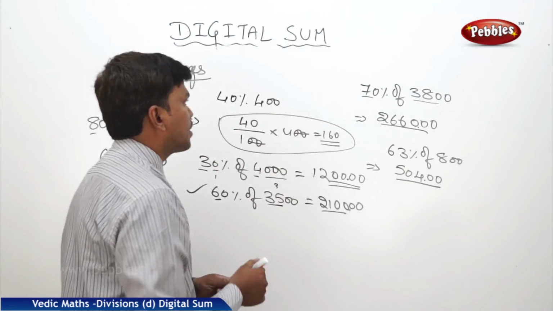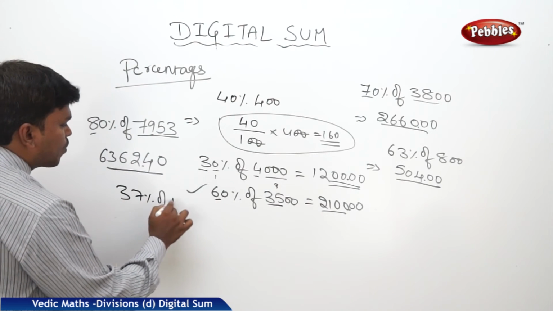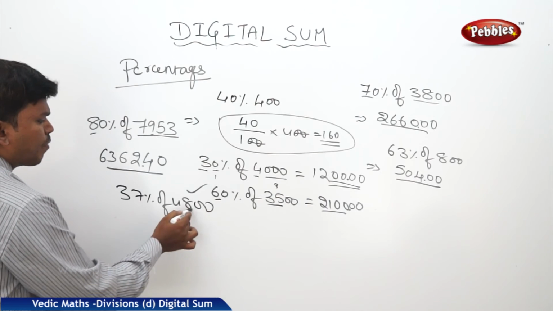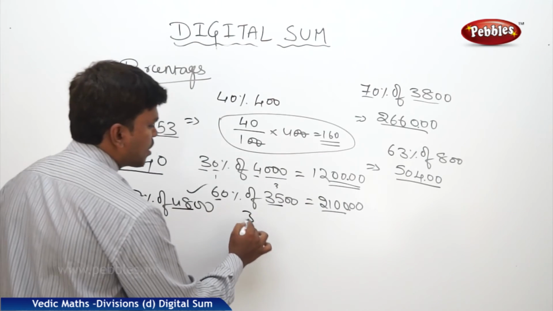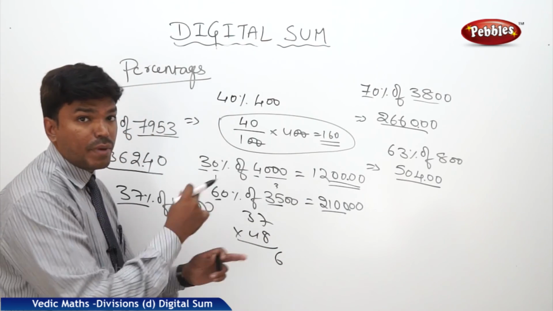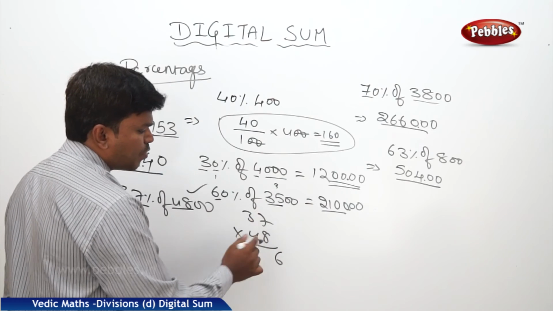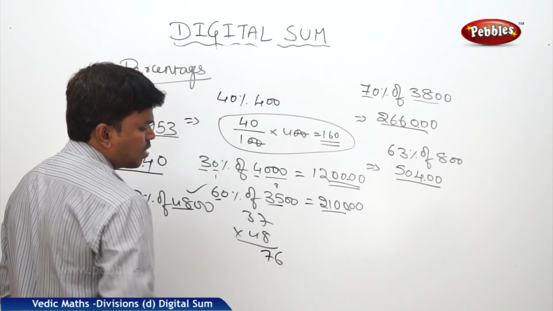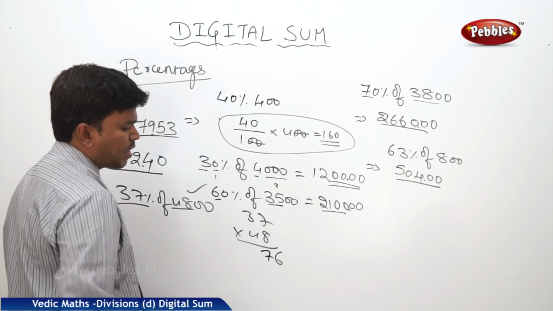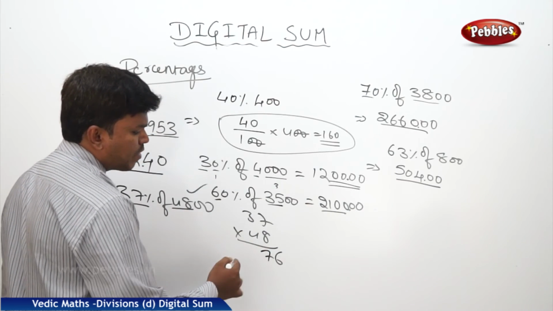Suppose, one more example. Let us take 37% of 4,800. Here also, simply multiply 37 and 48 fast. 37 into 48 I want to multiply. 7 8s are 56, fine. Apply vertically crosswise fast. So 24 plus 5, 29. 29 plus 28, it is 57. 57 and 3 4s are 12. 5 will be carried. 12 plus 5, 17.